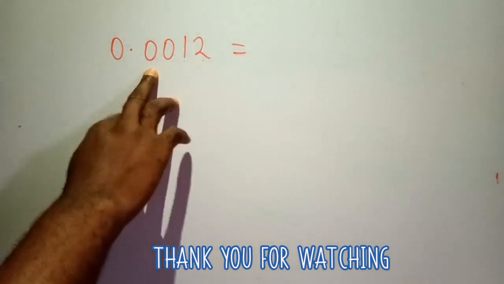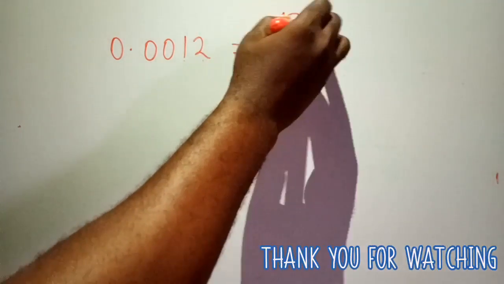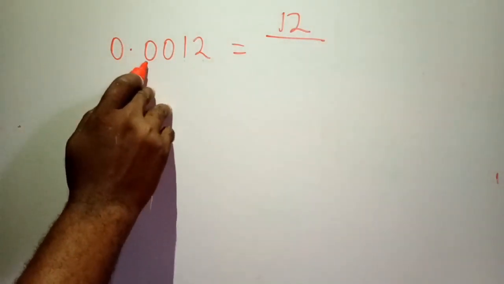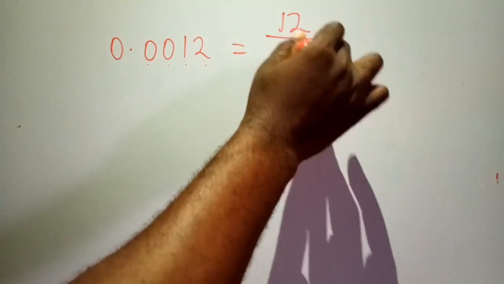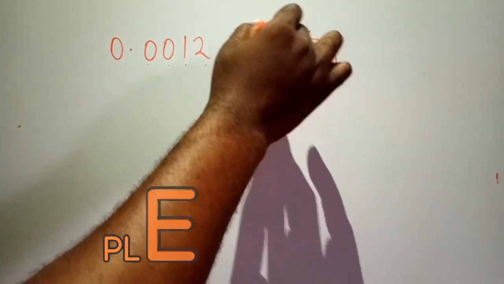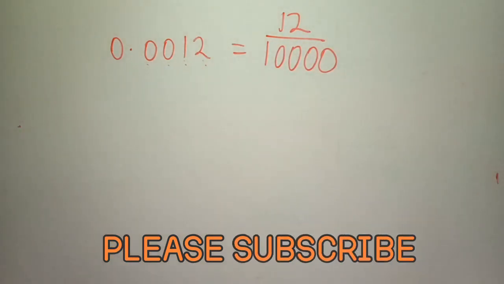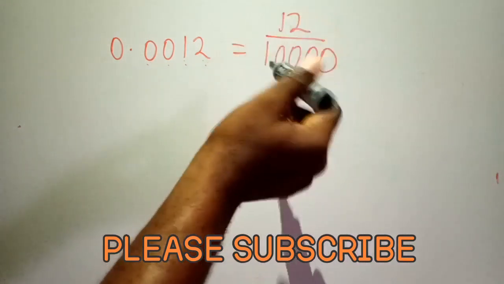So we can just write 12 over, how many figures do we have after the decimal? Let's count. 1, 2, 3, 4. So that means we're going to have 4 zeros and 1. So we now have 12 over 10,000. So we now reduce it to the lowest term.